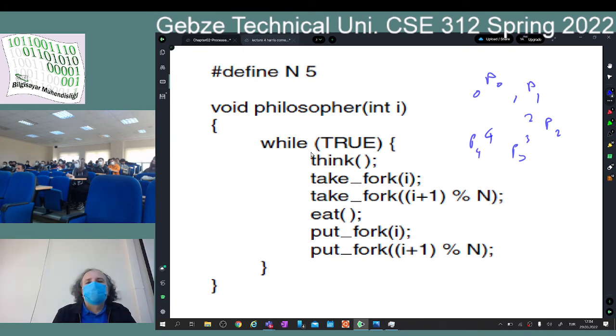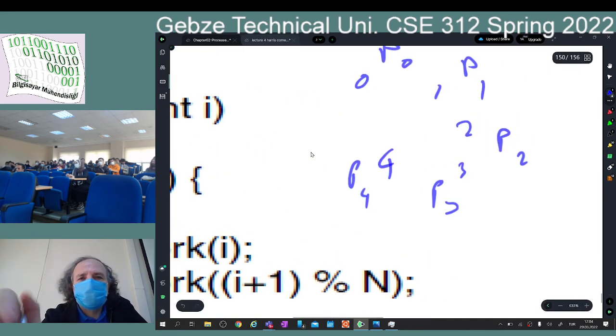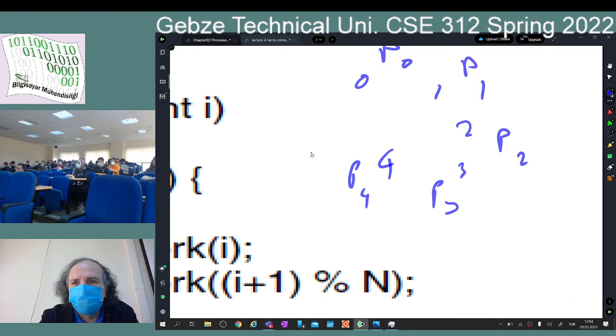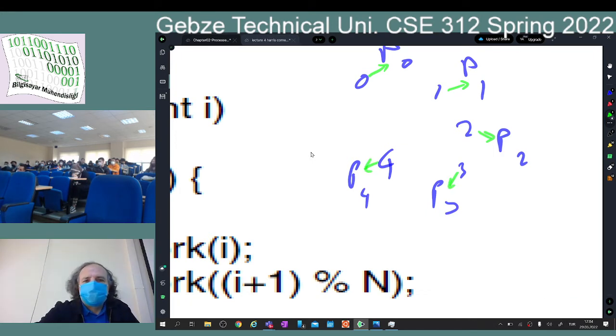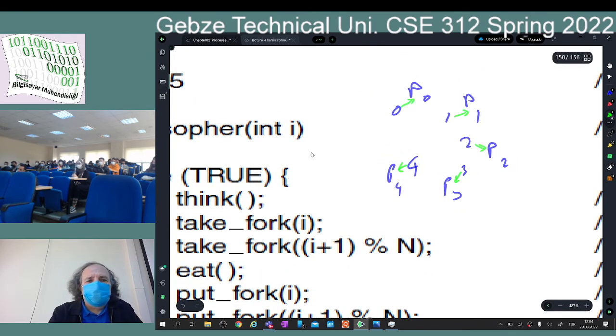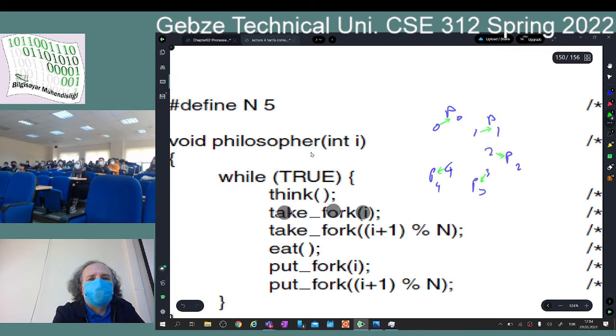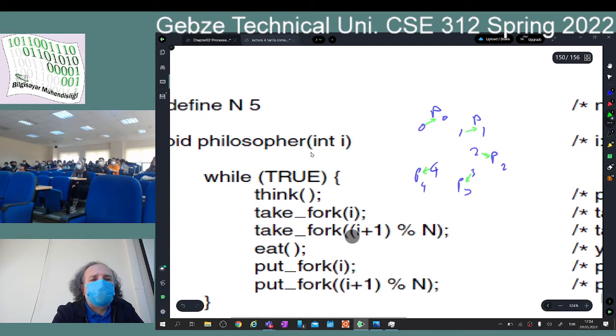Let me maybe show you this way. This one took that way, and this one, and this one, and they all took their forks, fork number I. Now each one needs fork I plus 1.